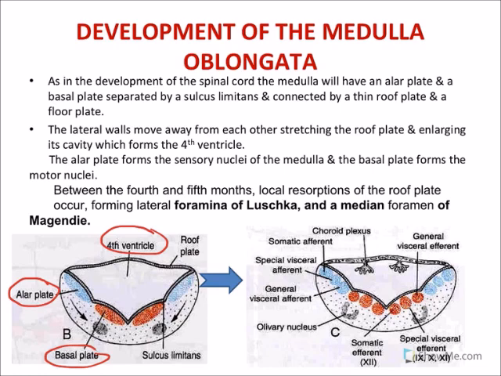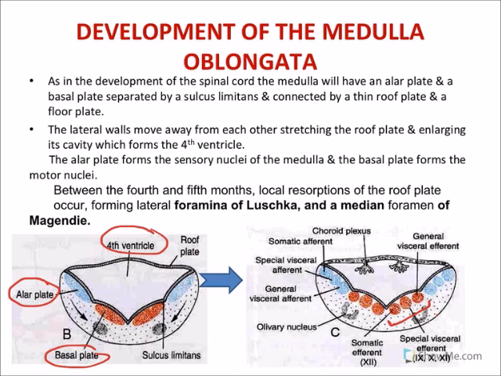the sensory nuclei that lie inside the medulla oblongata. The basal plate lies ventrally. This will give rise to the ventral or the motor nuclei of the medulla oblongata, and the central canal will give rise to the cavity of the fourth ventricle.